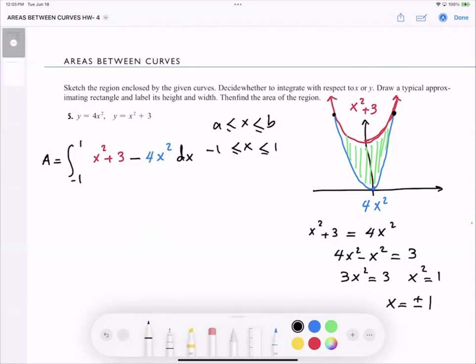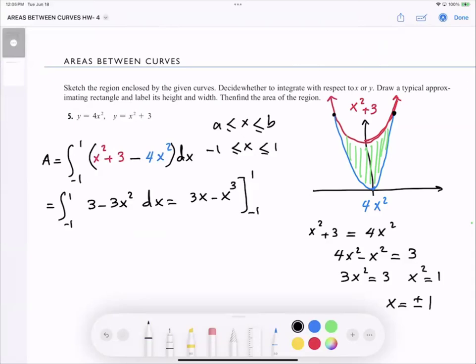The rest of the calculation is very easy for you. This is equal to the definite integral from -1 to 1. If you combine these two, you get 3 minus 3x squared dx, or 3x minus x cubed. x ranges between -1 and 1.